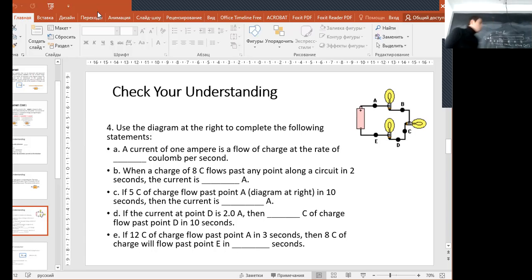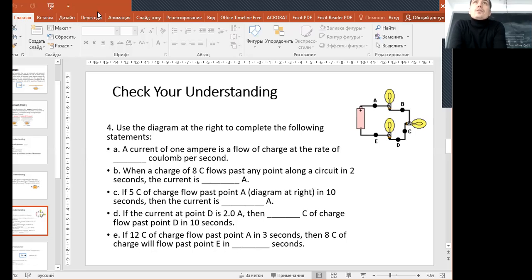We have 1 amp, and it says every second, so the time is 1 second. You should find the charge. The charge is 1 coulomb.